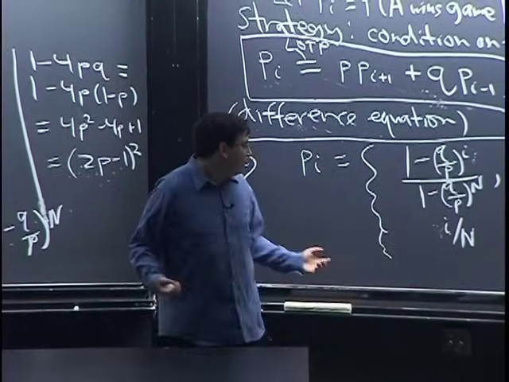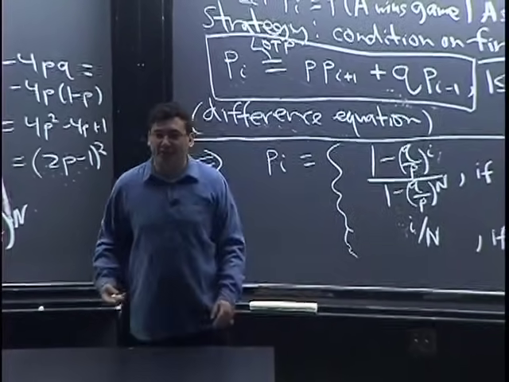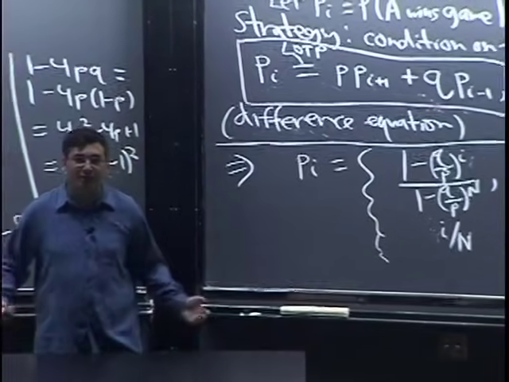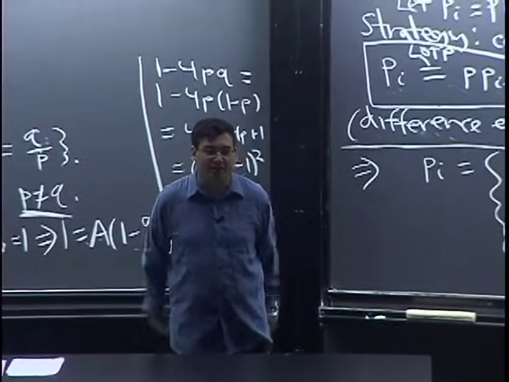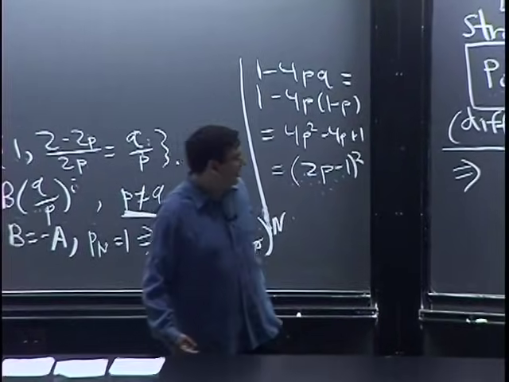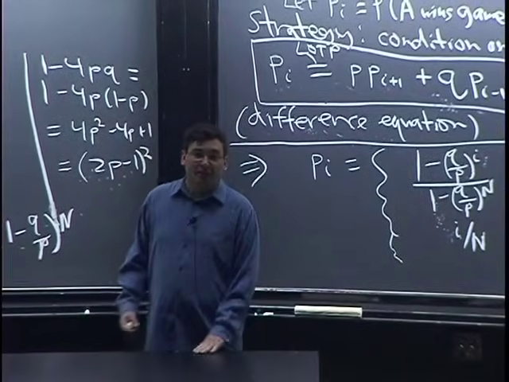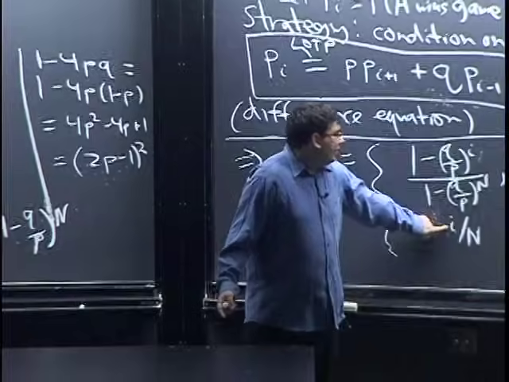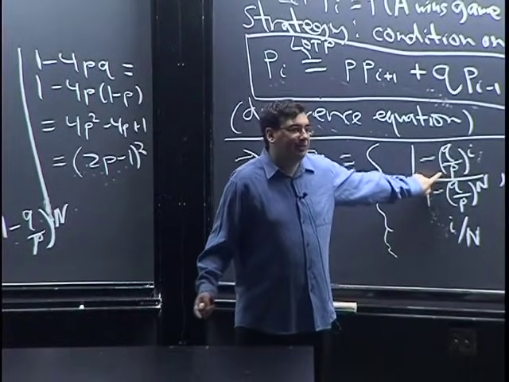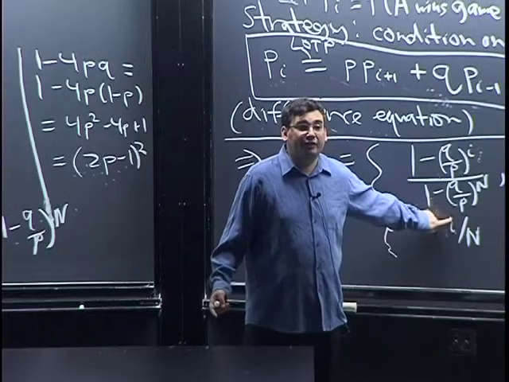To prove it, all you have to do is plug this back in and check that it works, and if you plug it in, you'll see that it does work. So in fact, it is that way. It's not some amazing thing where it suddenly becomes a discontinuity. That's a much easier solution, by the way. This thing looks kind of complicated, and this is very simple, just I over n.